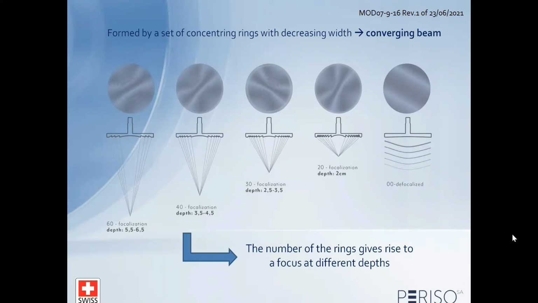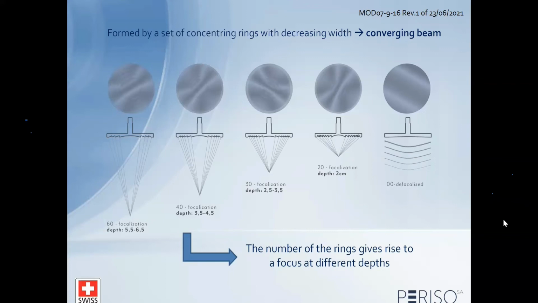Here you can see the different types of lenses that we can use with our device. There are 4 focusing lenses, and 1 is for the focalized treatment with shockwave. So depending on the number of concentric rings on the lens, we have a converging beam that goes to different depths inside the tissue, as you can see represented here.